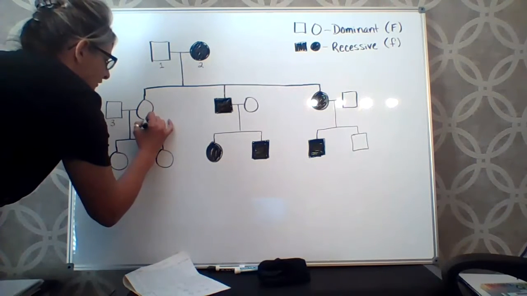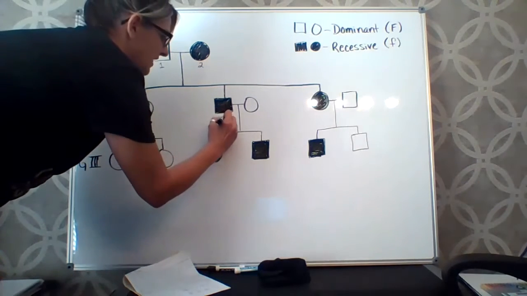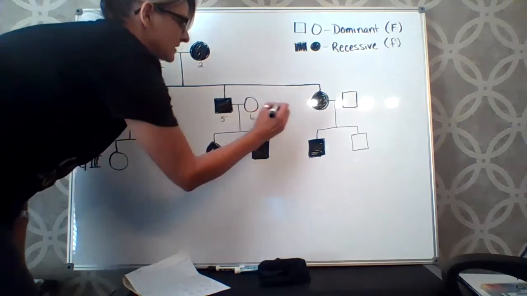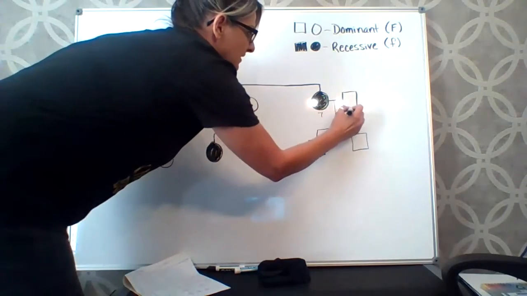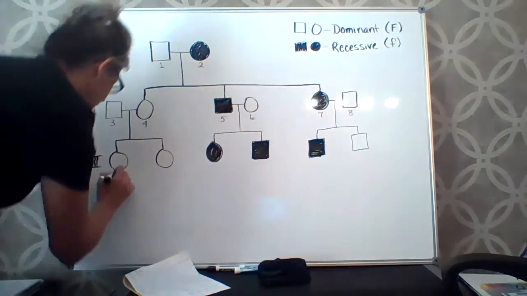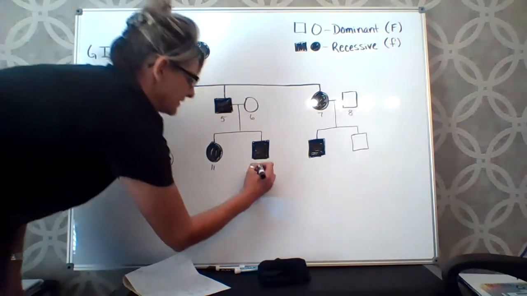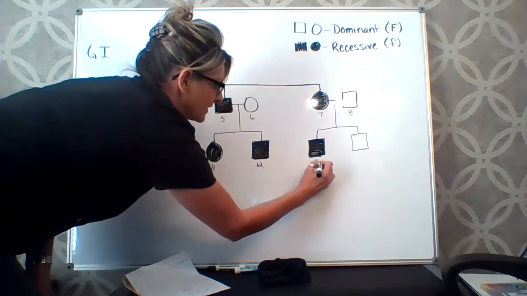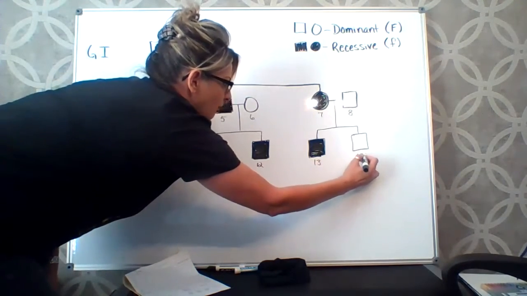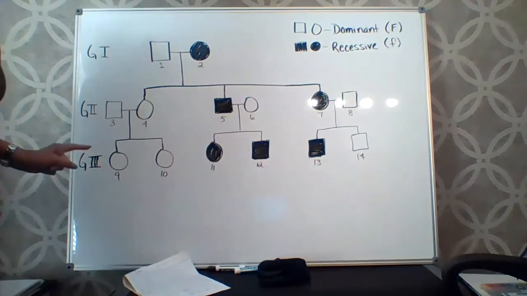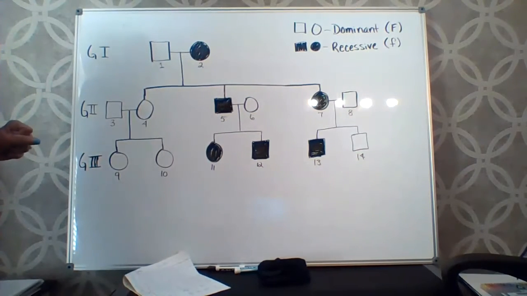This one is 4. Here is 5, 6, 7, 8, 9, 10, 11, 12, 13, and 14. So we have 14 people represented in this particular pedigree.